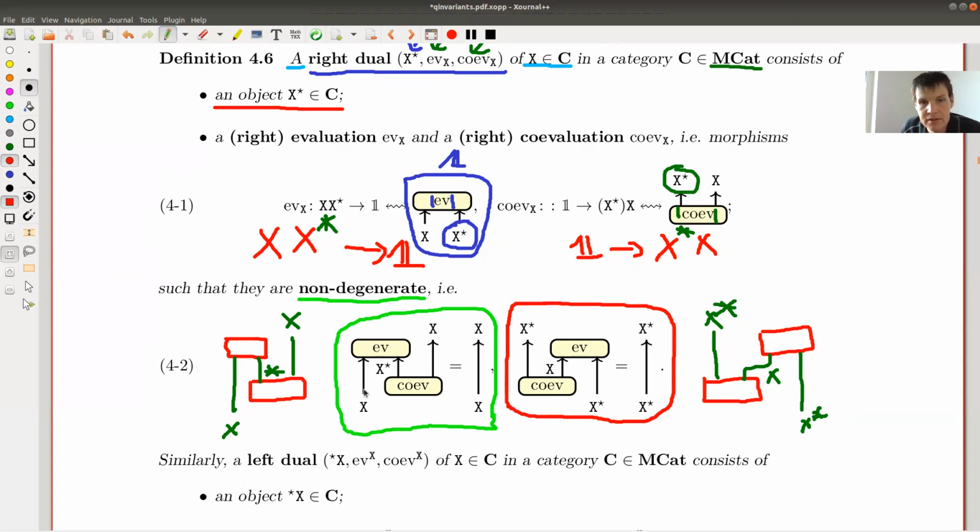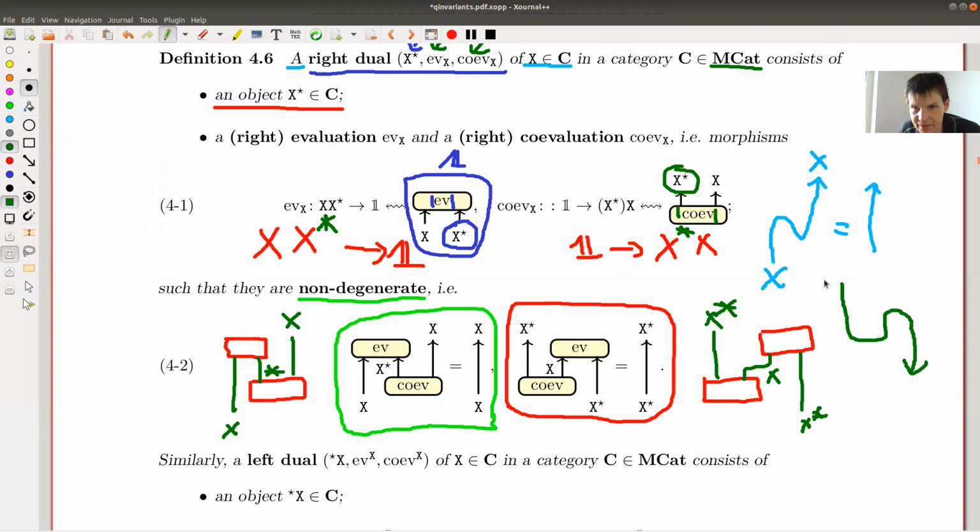All right. So in a slightly less rigid version of drawing it, I basically have said that I have a composition like this, which goes from X to X. And I have it the other way around, going from X dual to X dual. You will see in a second what I mean by those diagrams.